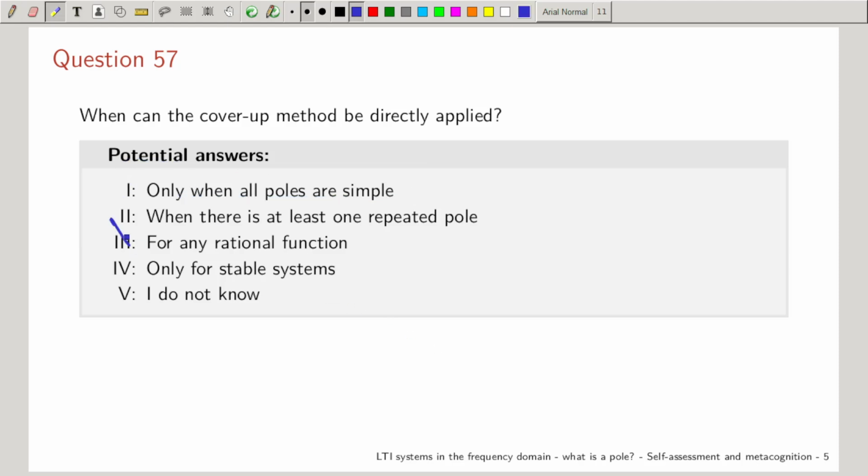So 3 is wrong. Why is 3 wrong? It's not for any rational function. S plus 2 square. This is rational, but you cannot do it.